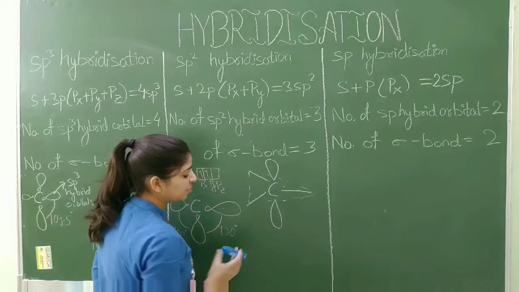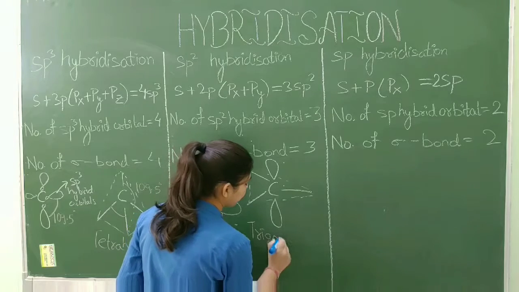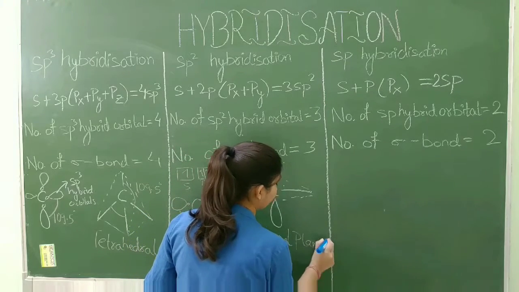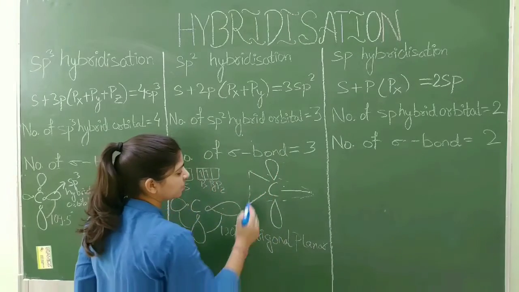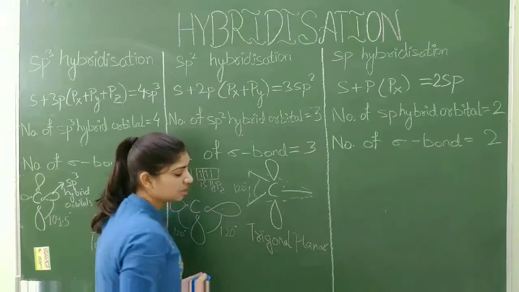Now the geometry is trigonal planar, and bond angle is 120 degree. Okay.